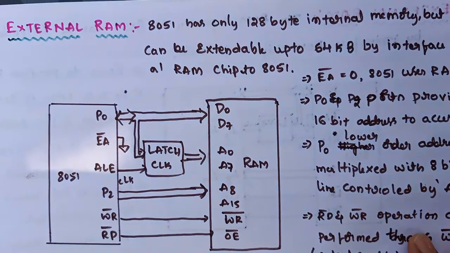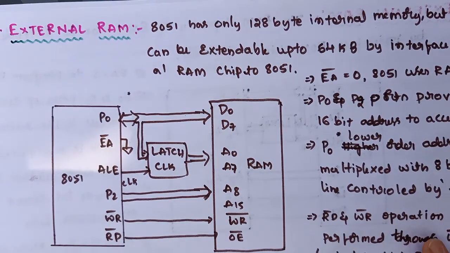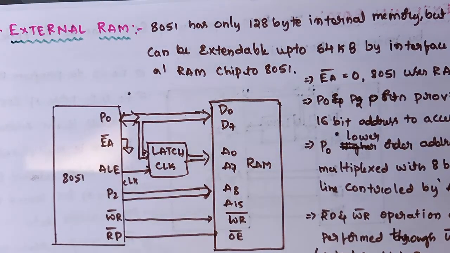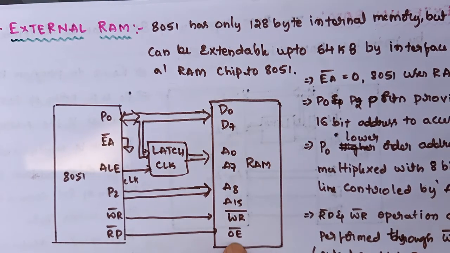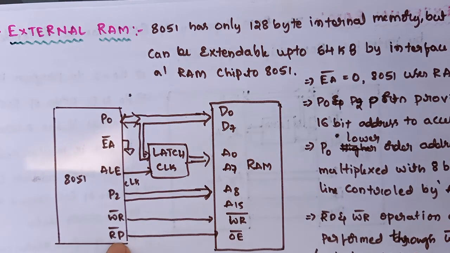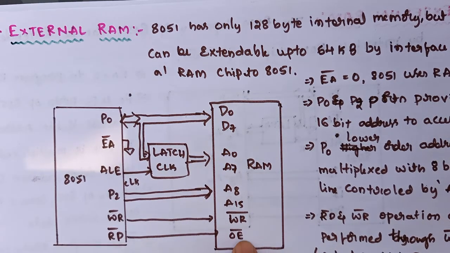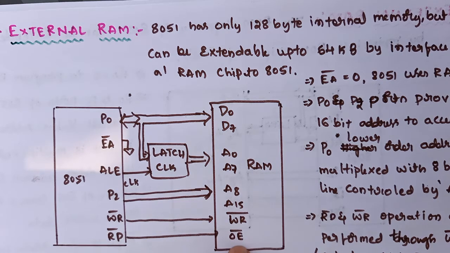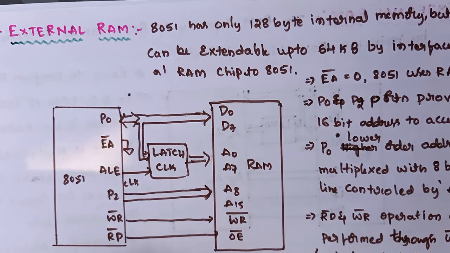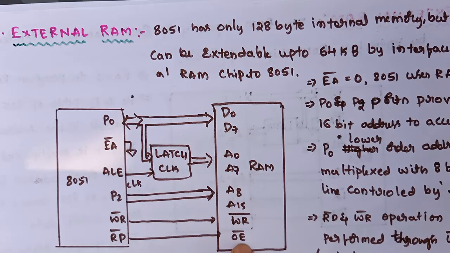The RAM also has the write control and the output enable pin. So read can be possible by enabling the RAM outputs. Therefore, the read pin of 8051 is directly connected to the OE pin.